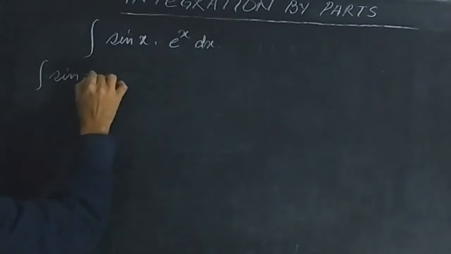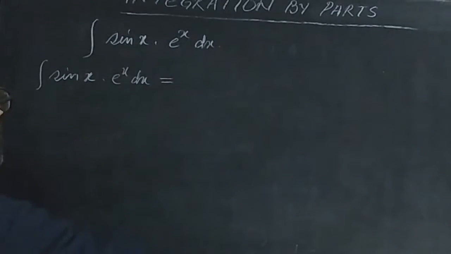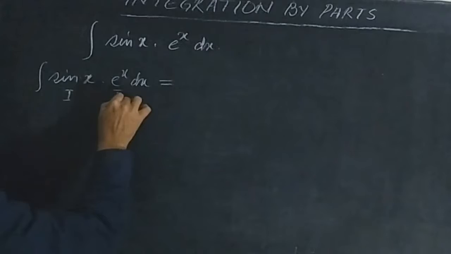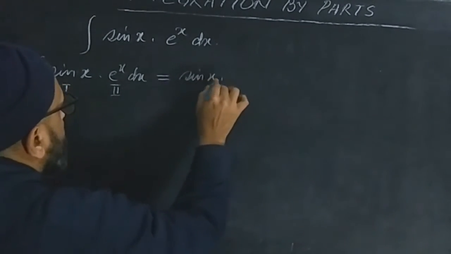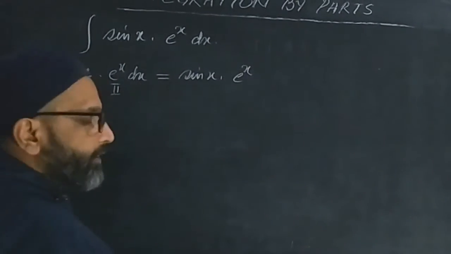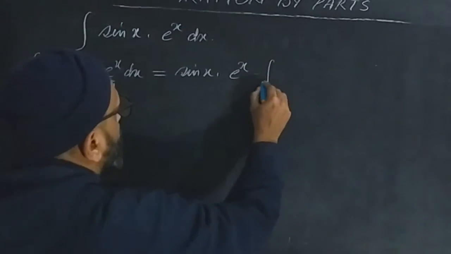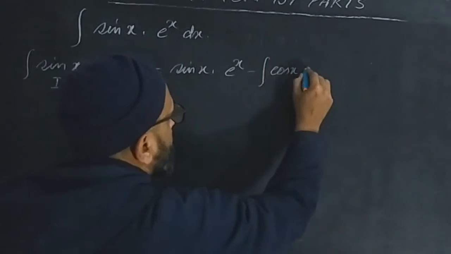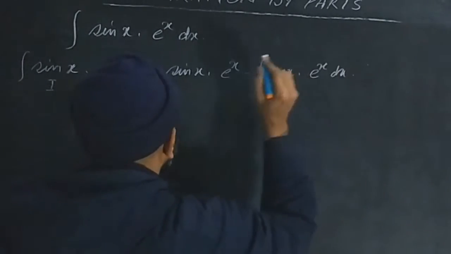Suppose we have to integrate sin x into e raised to the power x dx. So we have to take this as first and this as the second function. So first function as it is, and integral of the second is the same, because integral of e raised to the power x is e raised to the power x, and minus integral as a whole, differential of sine is cos x, and integral of e raised to the power x is e raised to the power x dx.